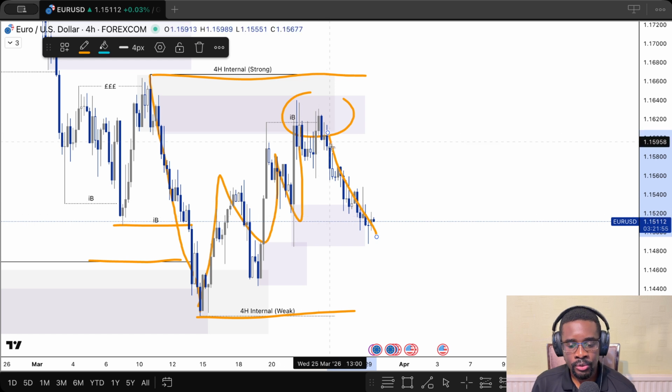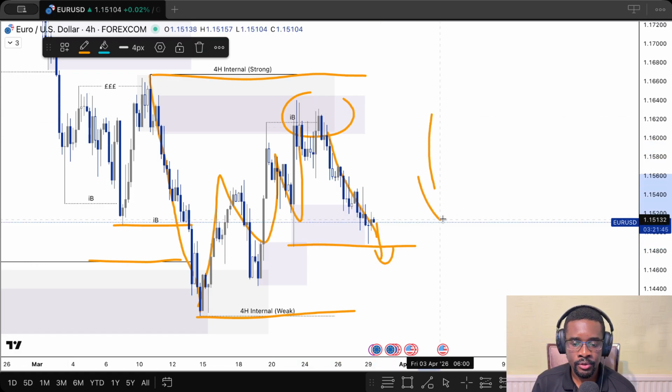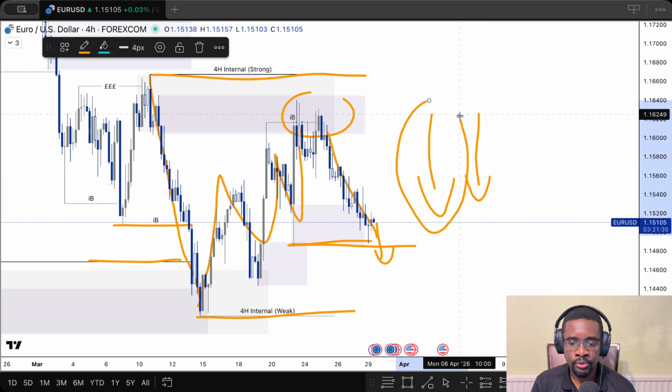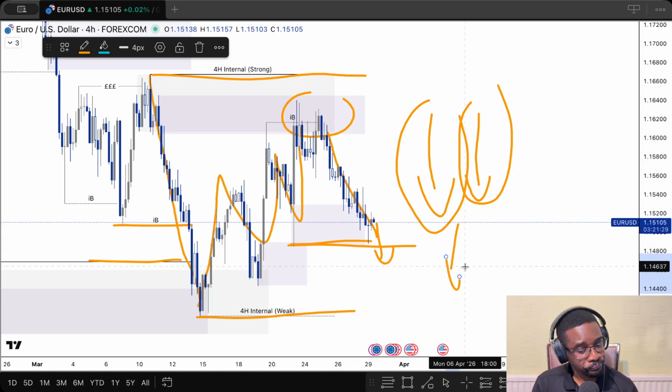So expectation would be that if this low is broken, then that means we have full alignment, where we have the swing, which is bearish, and after this low is broken with a candle close, we have internal switching bearish again. And when internal is bearish, that means we have our swing and our internal fully aligned, fully bearish. So that means it's all systems go.